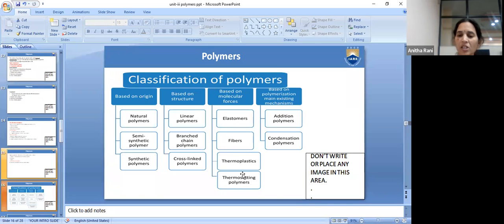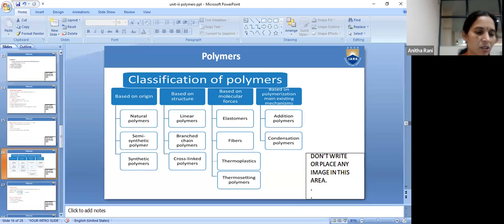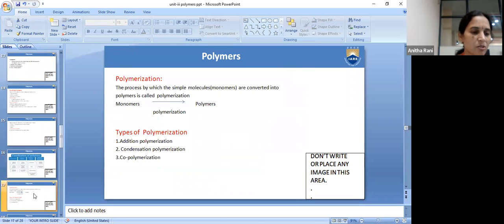Based on polymerization, there are two types: addition polymerization and condensation polymerization. Some polymers we get by addition, and some by condensation. This is the classification of polymers, students. No need for you, because I didn't give any question, as this is the introduction part.